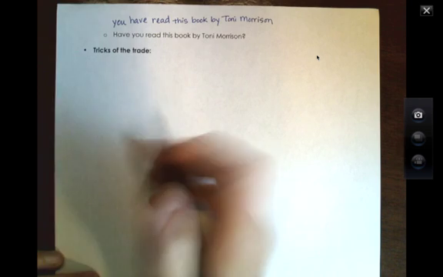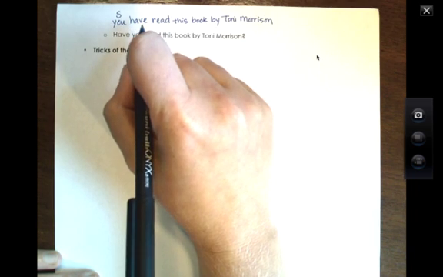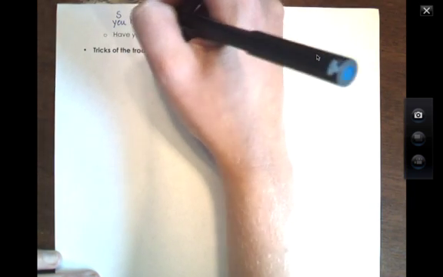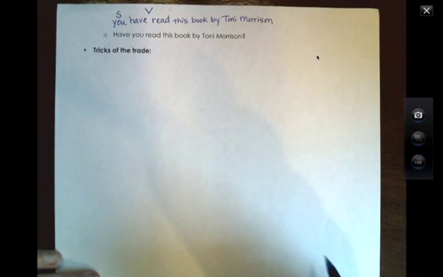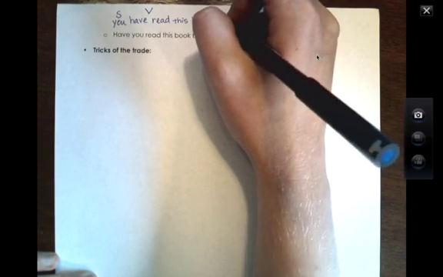Our subject in this case is you. And like our first sentence, we have a helping verb and a main verb. And just like before, we count that as one. We can't separate the two. Then we need to look for our preposition. Our preposition in this case is by. And then our object of the preposition is Toni Morrison.